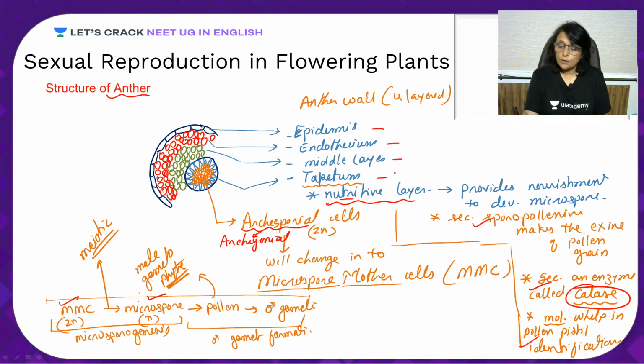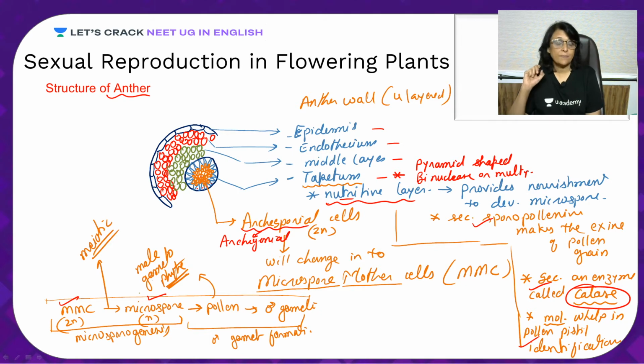Now there is one more thing which we can add here about tapetum. These cells are pyramid shaped. We talked about this. These are those cells, and they are either binucleate or multinucleated cells.